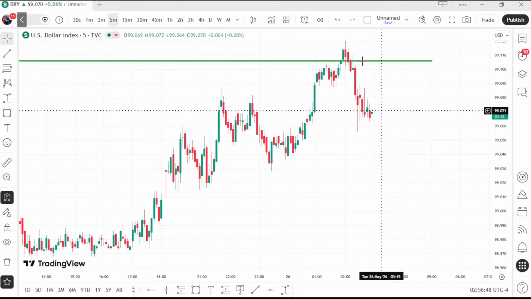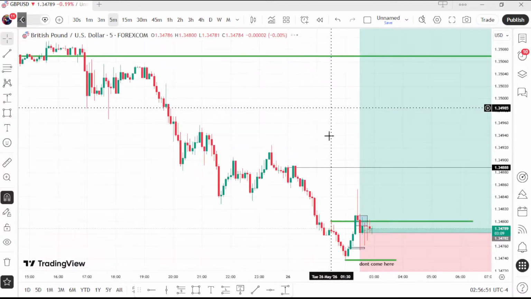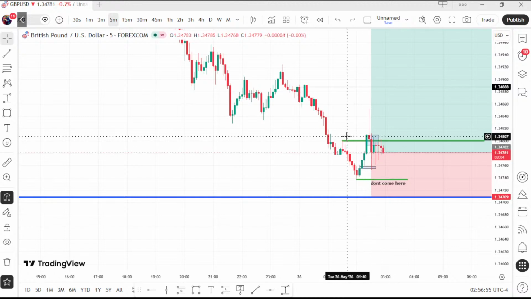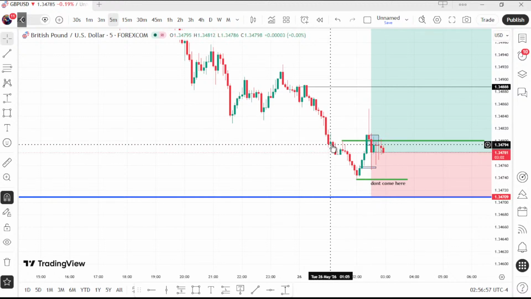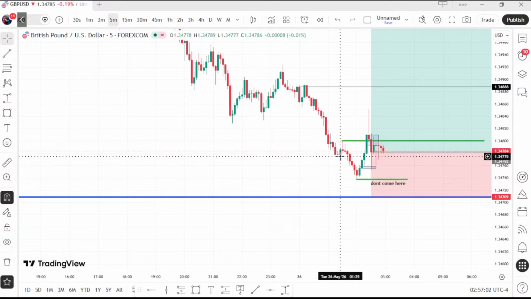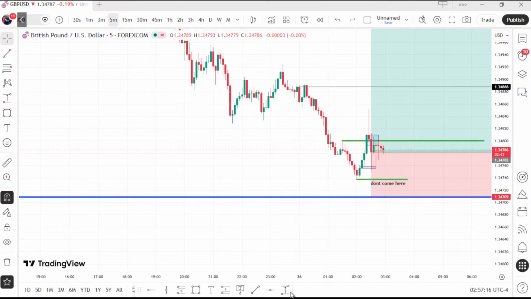The XY and to see lower prices. You see how this gap is, it's just consolidating. Remember, there is no news.